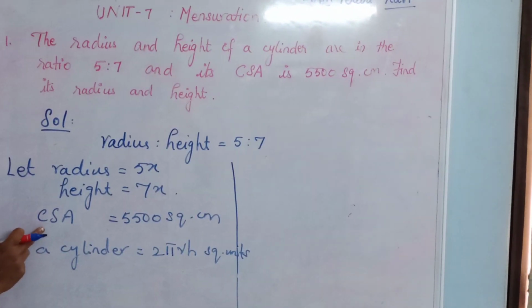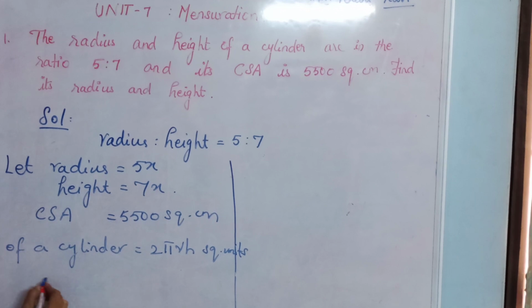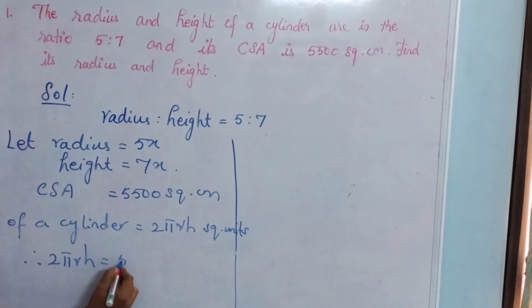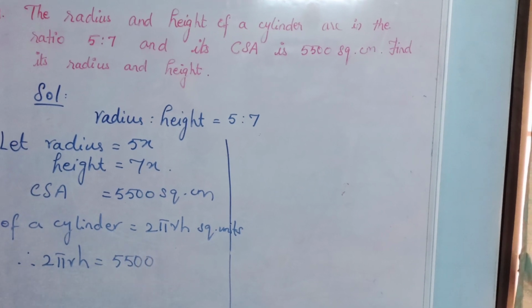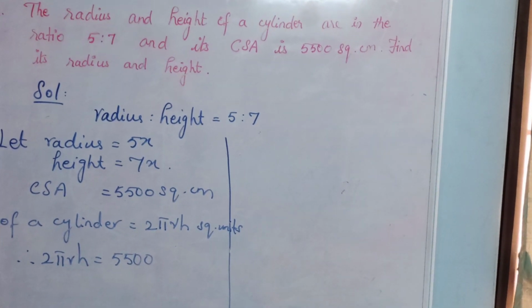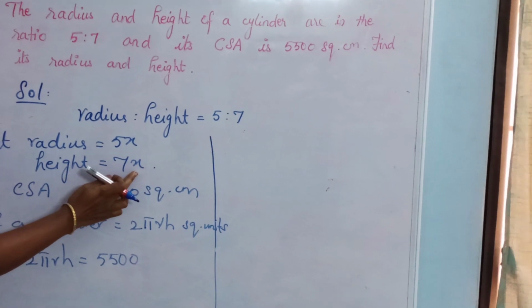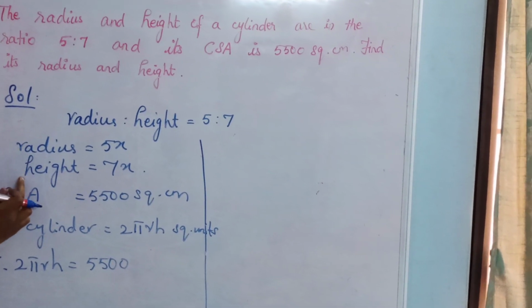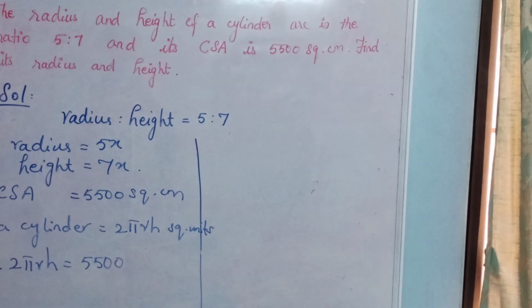So already in the question it is given the value of CSA. Therefore we can substitute 2 pi RH equal to 5500. Now we have to find the value of x. After finding the value of x, we can find the radius and height using 5x and 7x.